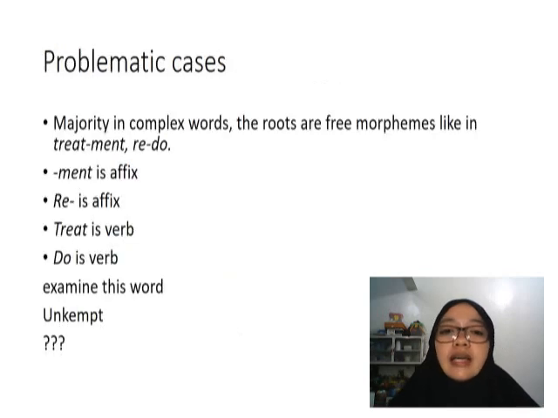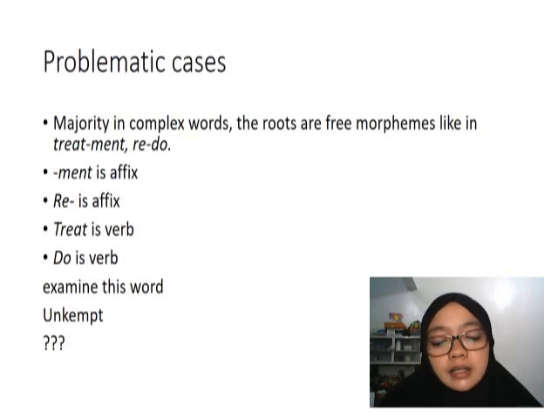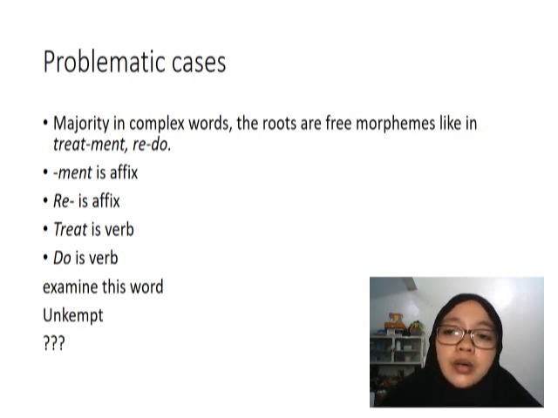Okay, in identifying the root or the word structure here, we have problematic cases. What cases might occur in forming the word by identifying the root, base, and the affixes? We have a problem here: in the majority of complex words, the root is a free morpheme.